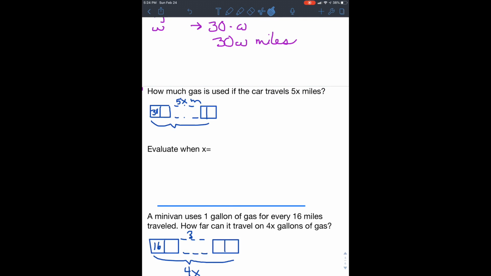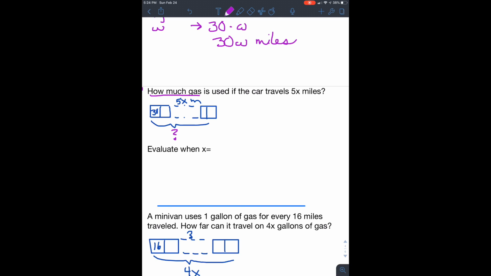Okay, so the next part of this question is, how much gas is used if the car travels 5x miles? So now they're telling us the miles, and including a variable, and they're saying how much gas, or what they mean here is how many gallons, really. So how many gallons are we using? So 30 times something is 5x. The problem here is that we don't know how much that question mark is.